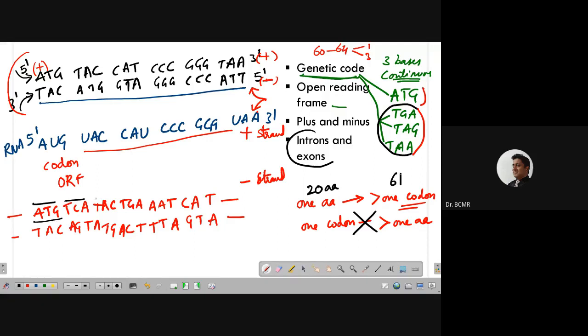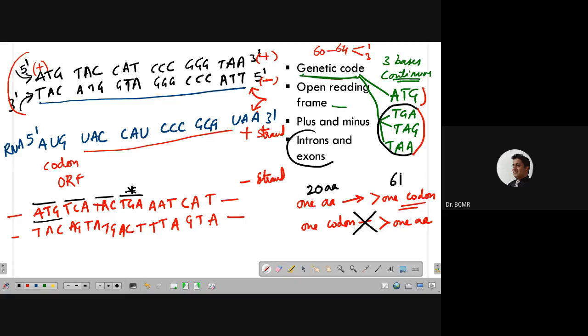Then you have two more codons, and then you have a stop. No open reading frame will be this short. Usually proteins will be larger in size, at least some 20 or 30 amino acids and so on. But a larger protein can be processed to generate smaller peptides.